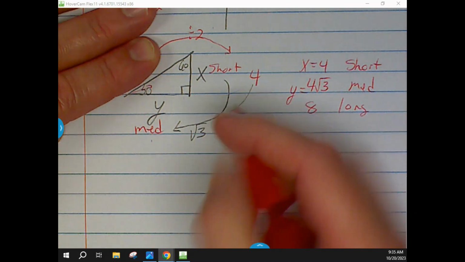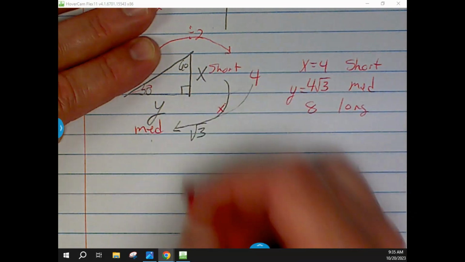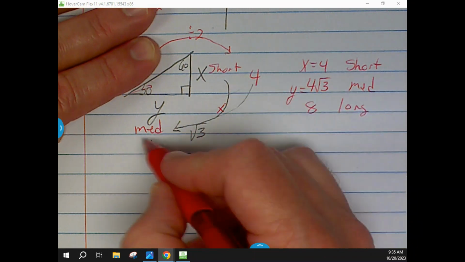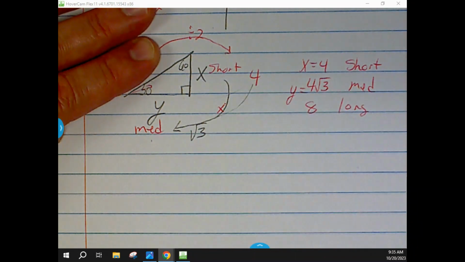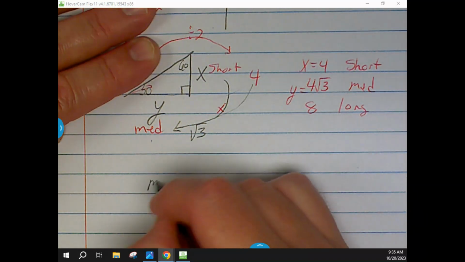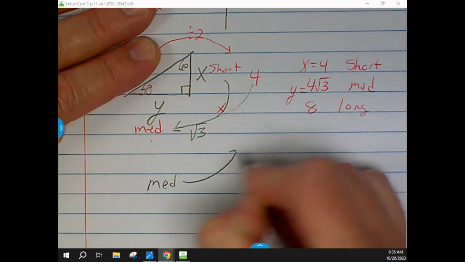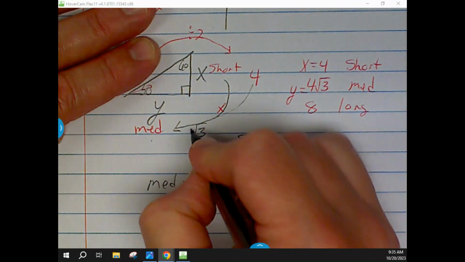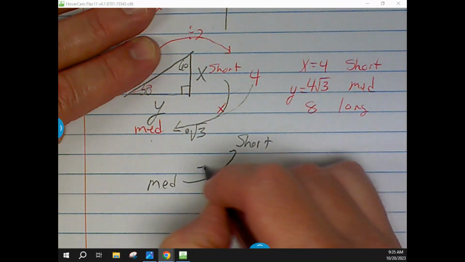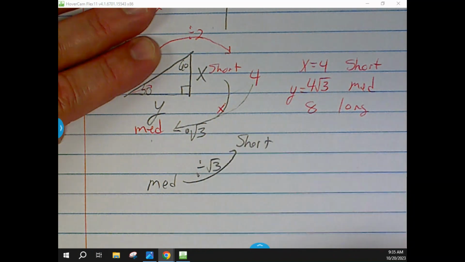So if you multiply to go from the short to the medium, if you go from the medium back to the short, instead of multiplying by square root of 3, you're going to have to divide by square root of 3.